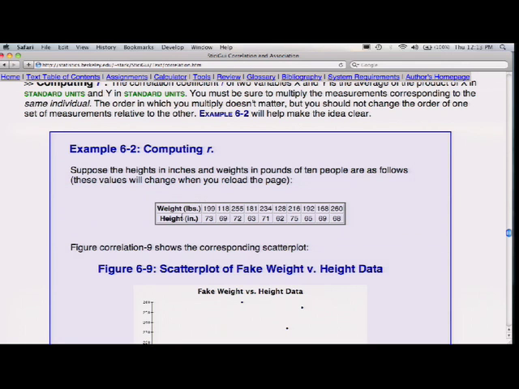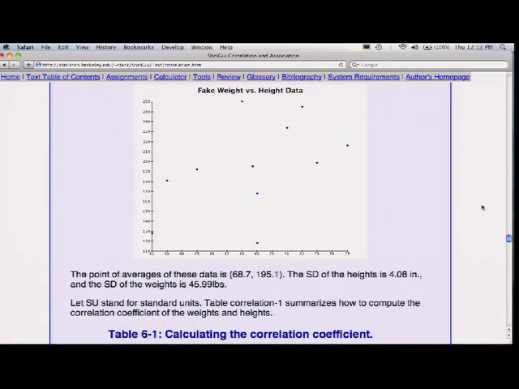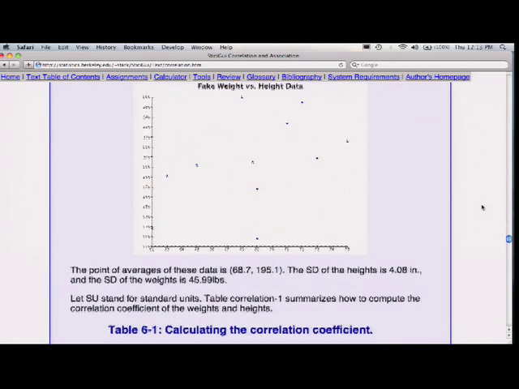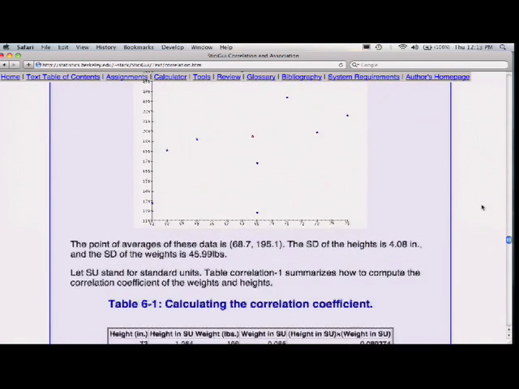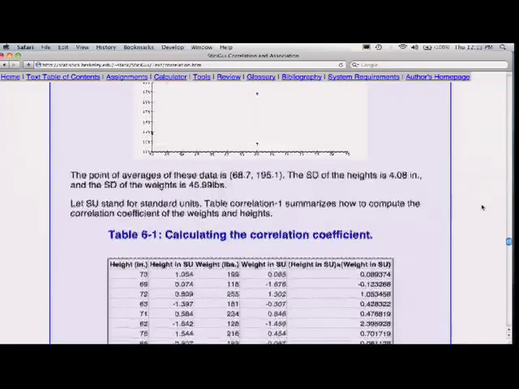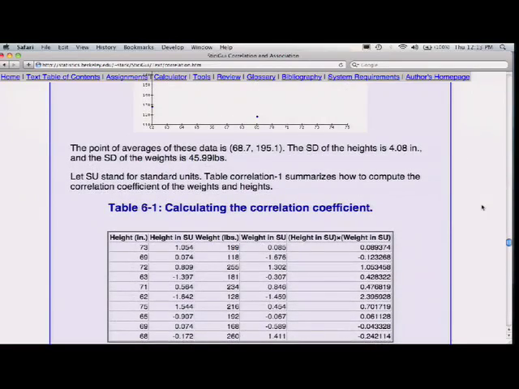To convert 199 to standard units, we take 199 minus the mean of the list divided by the standard deviation of the list. The mean of the weights is 195.1 and the standard deviation of the weights is 45.99. So if we take 199, subtract 195.1, divide by 45.99, we get 0.085.